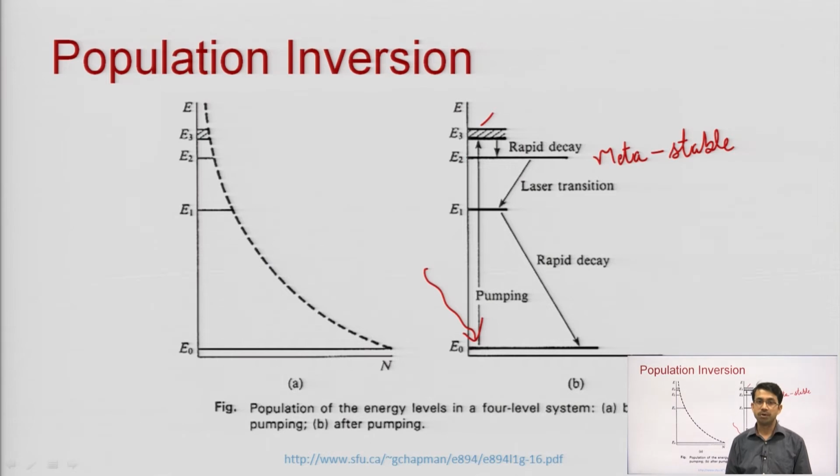More photons, lasing photons, we are getting due to this metastable state, and this is a 4 energy level system. Obviously, there are more electrons in this material. So, this is how to achieve population inversion in 2 energy level, 3 energy level and 4 energy level systems. A 4 energy level system is better than 2 and 3 energy level systems.